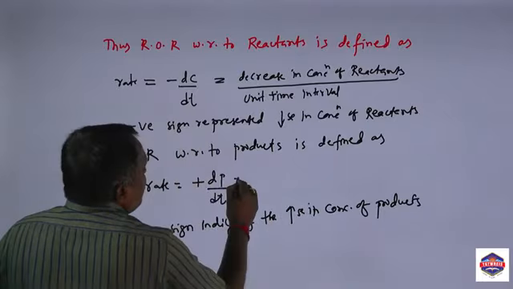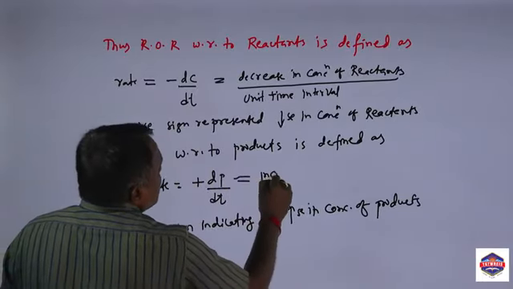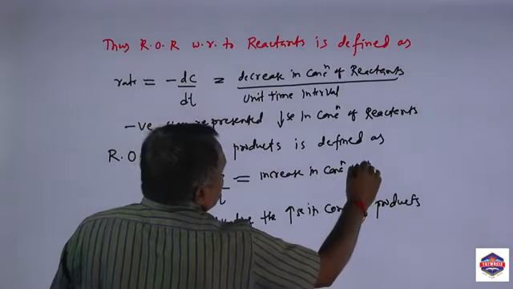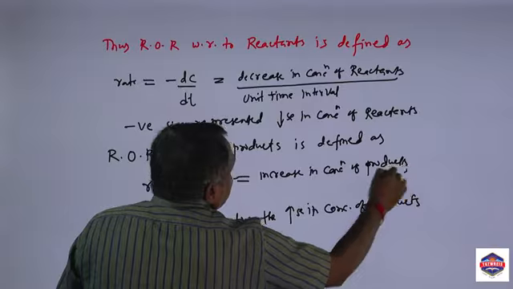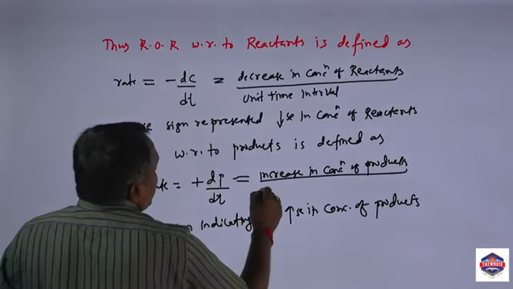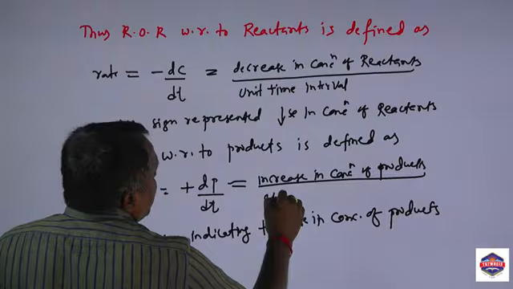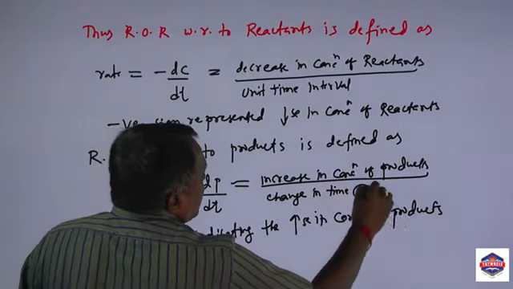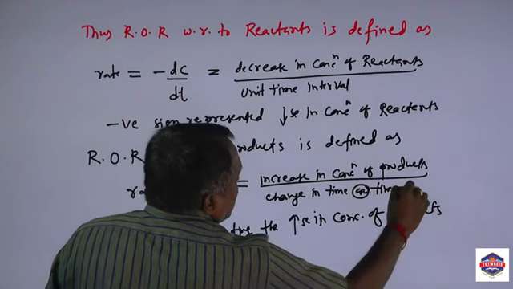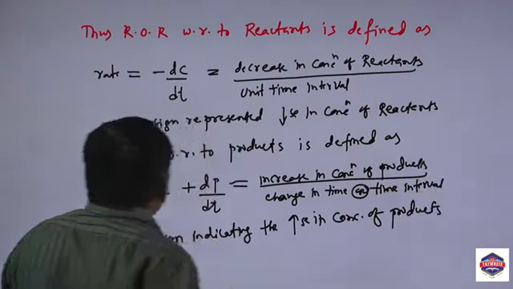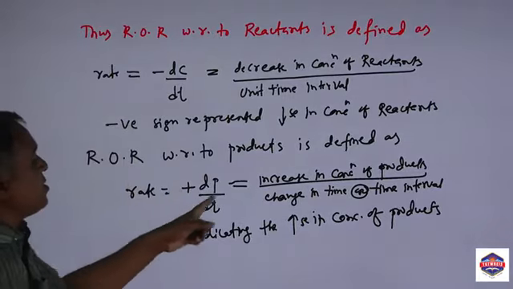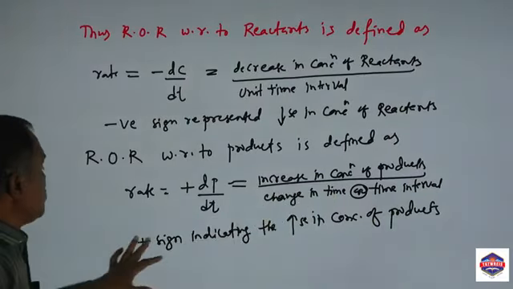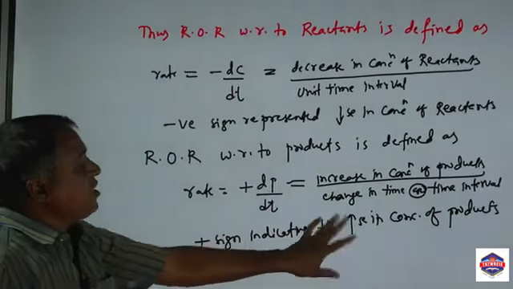Therefore, plus dP means increase in concentration of products upon change in time interval. Therefore, rate is equal to plus dP by dt means increase in concentration of products upon change in time or time interval. So here the plus sign indicates the increase in concentration of products.